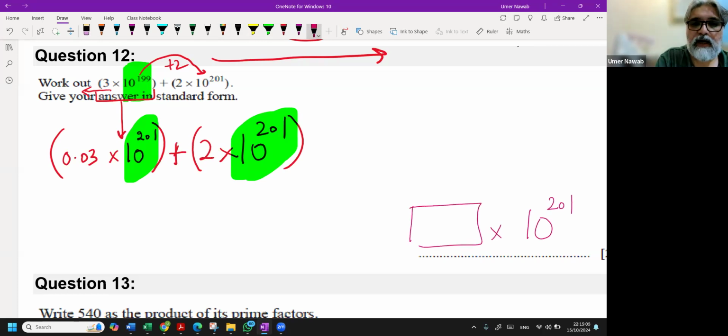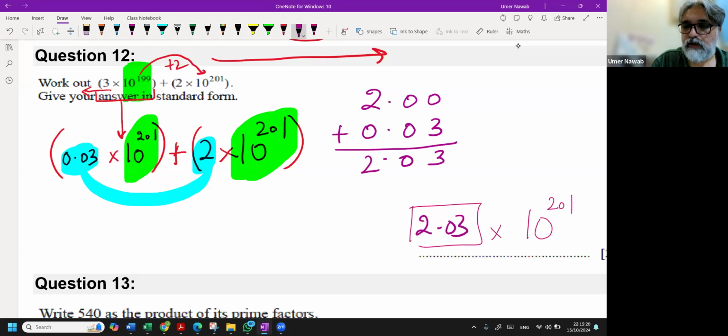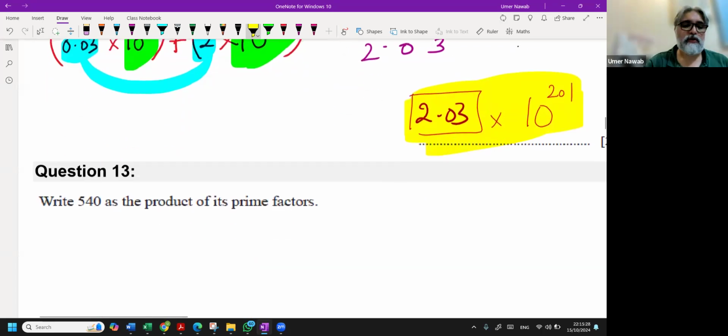I have to add these two numbers. So 2.00 will be added to 0.03 and I add them up, I get 2.03. Can I confirm this number is between 1 and 10? Yes. So the standard form is 2.03 times 10 raised to the power 201.